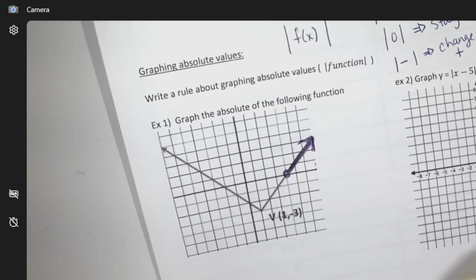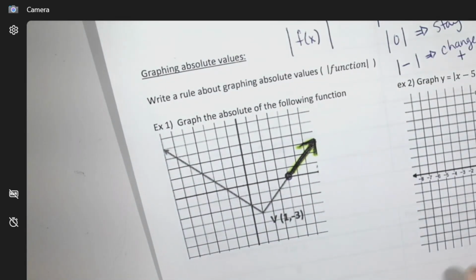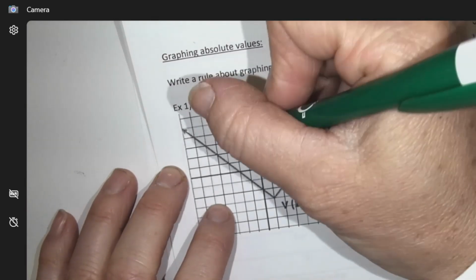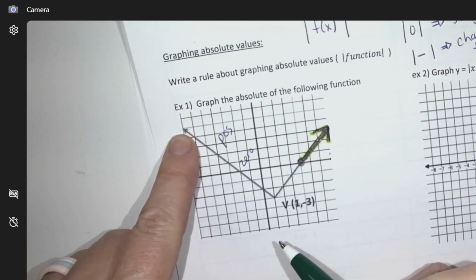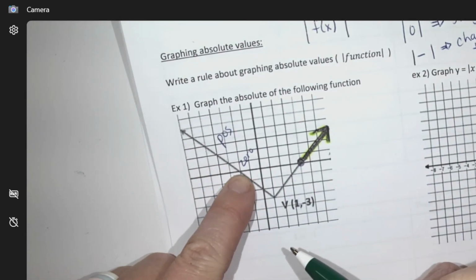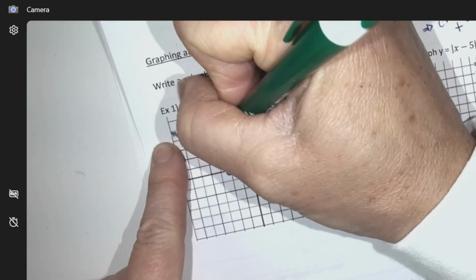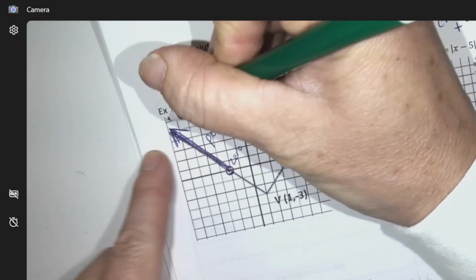So you need to overlap that part of the graph. This part of the graph is positive and 0, so it's going to stay. That's going to stay, that's going to stay. So it's going to get overlapped.